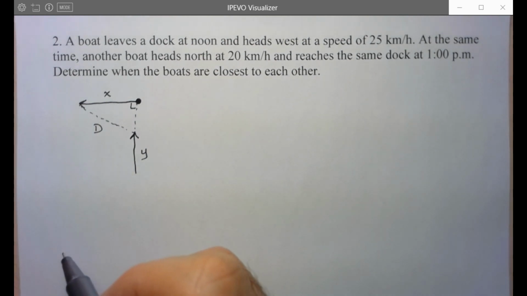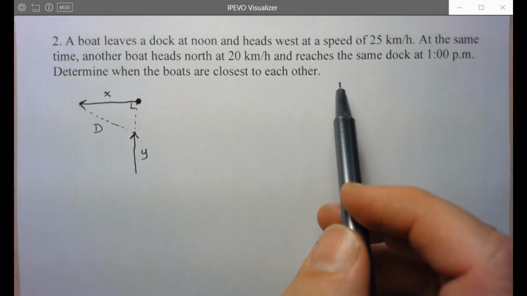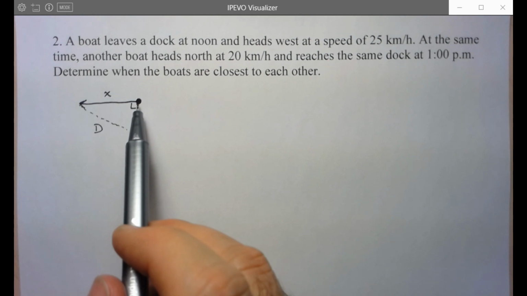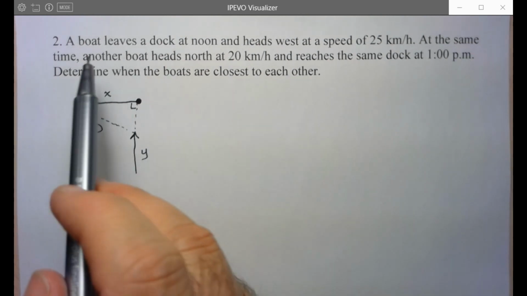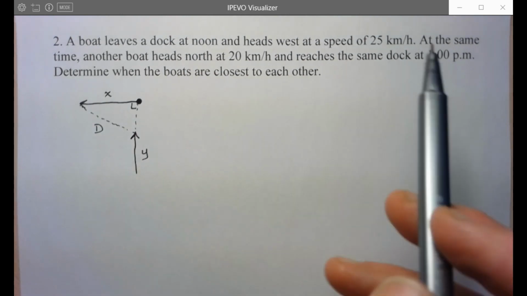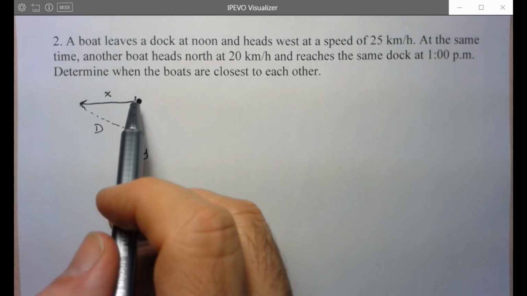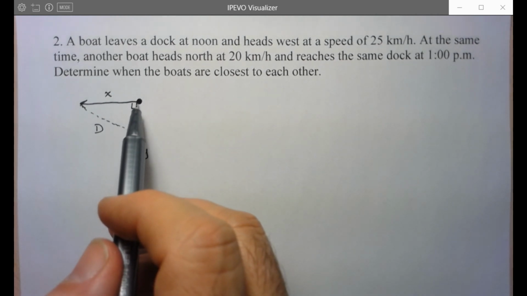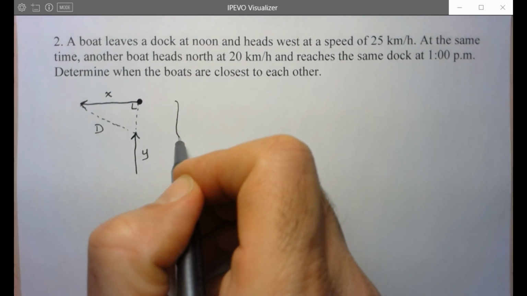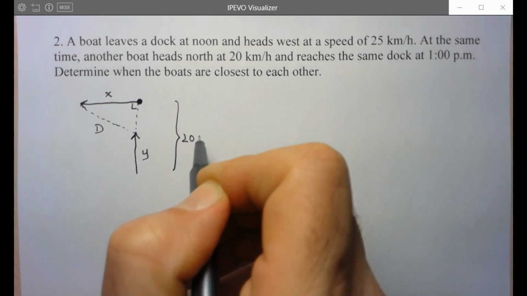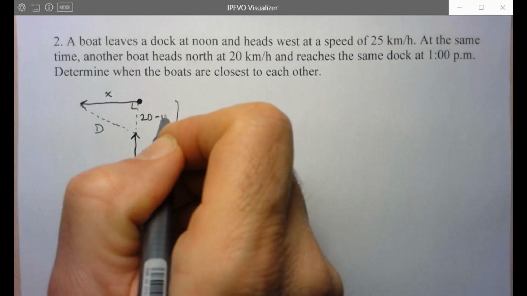Okay, well, let's take a look here. We know that the second boat heads towards this dock, and it takes exactly 1 hour because it says that it leaves at the same time, meaning at noon, and reaches this dock at 1 p.m. So that means it travels for 1 hour to get from its starting point to the dock, and since it's traveling at 20 kilometers an hour, we can figure out that this total distance must be 20, which means that this distance here is 20 minus y.